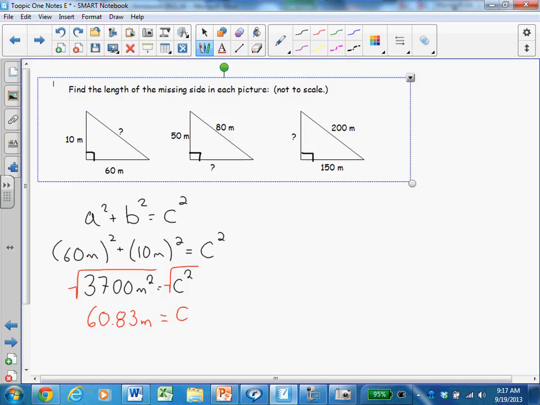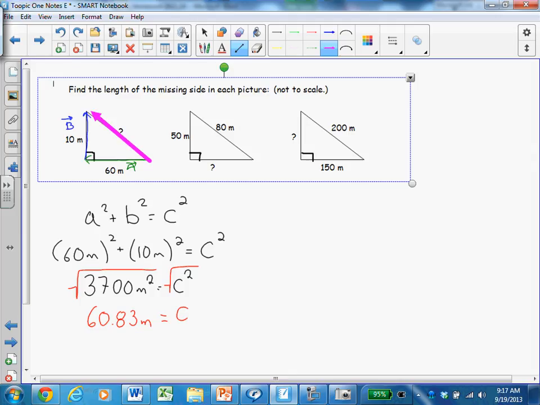Now, you don't have to do this on your packet, but let me just show you something. Let's say this was vector A. And then this was vector B. What is the sum of A plus B when they're arranged nicely head to tail? Well, it's not 70 when they're arranged like that.